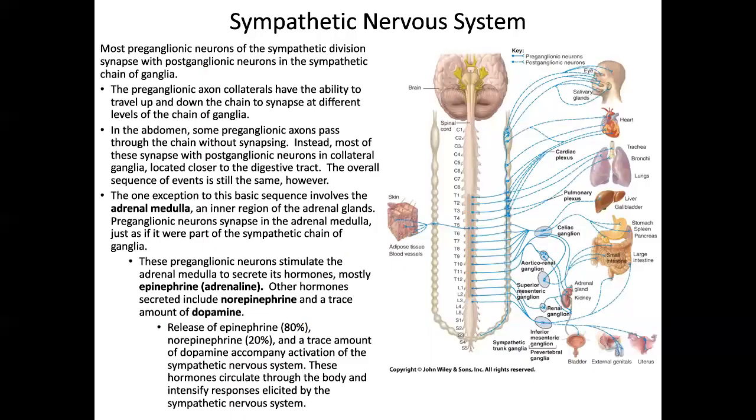But the function of these chemicals is to act as hormones carried throughout the blood, where they can then circulate to basically any cell that gets a blood supply to intensify the sympathetic fight or flight response.